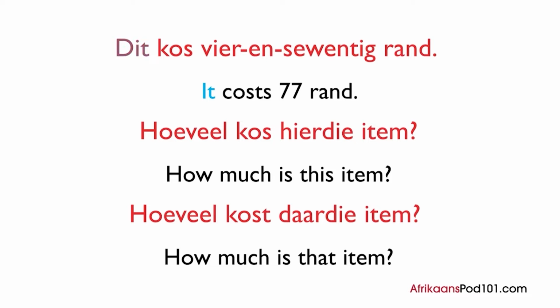Instead of saying it, dit, you can be more specific by saying this, hierdie, or that, daardie. So you can say, "Hoeveel kos hierdie item?" meaning, how much is this item? Hoeveel kos daardie item? Meaning, how much is that item? Item has the same meaning as item in English.